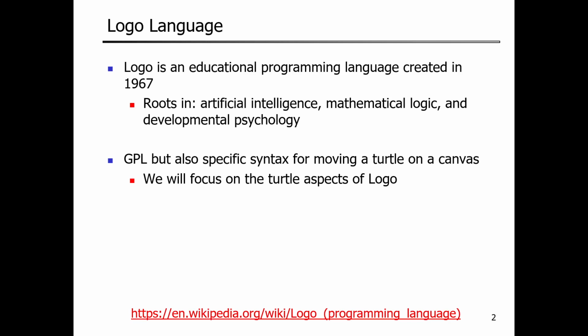So one part of the language is to basically describe a turtle moving on a canvas and drawing lines. And we will focus on the turtle aspects of Logo, so we can't quickly in this 1.5 hours develop a full programming language, but we're going to focus on the part where the turtle moves on the canvas.